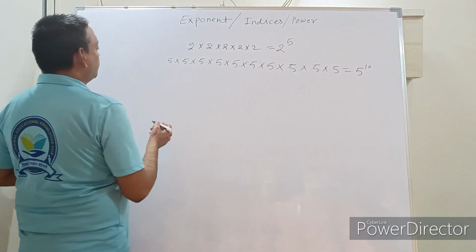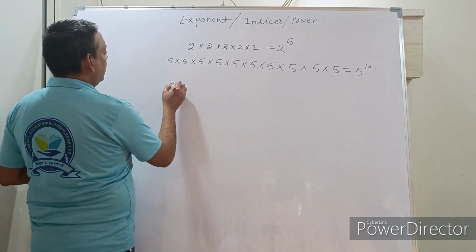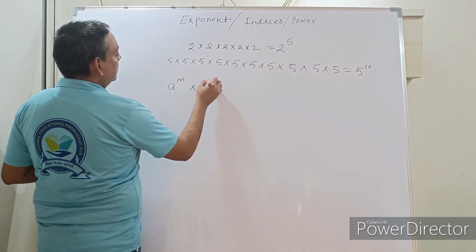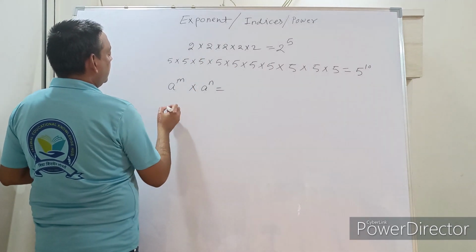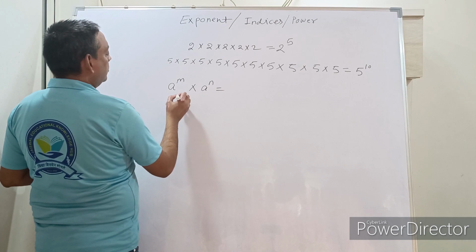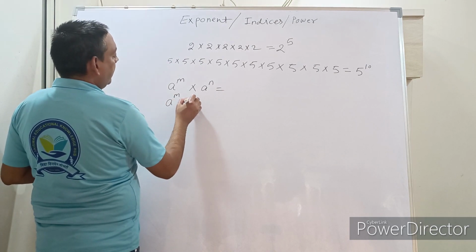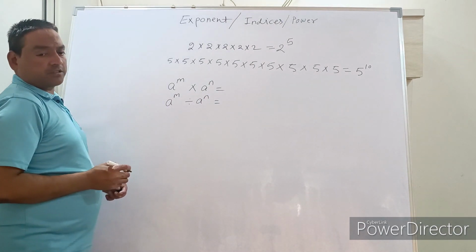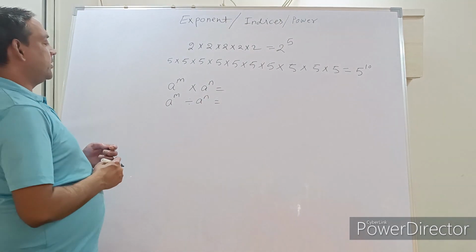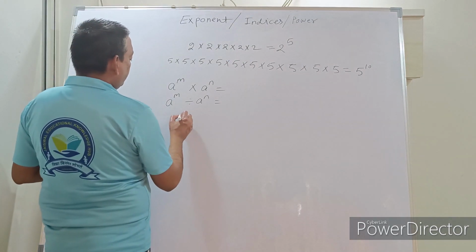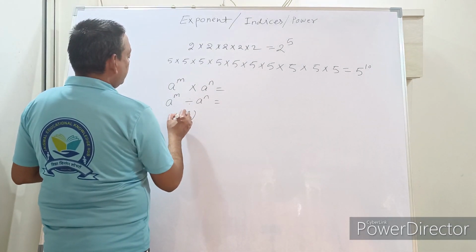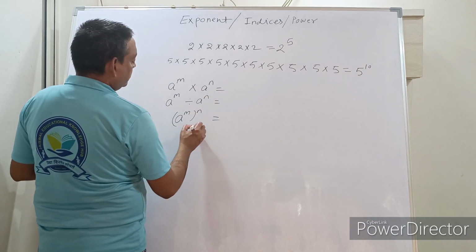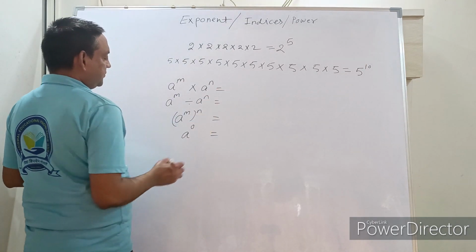So suppose we have the first formula, a raised to m multiplied by a raised to n. Then a raised to m divided by a raised to n. So multiplication का one rule we have, then division का one rule we have, then we have a raised to m raised to n, then we have a raised to 0 का one formula.